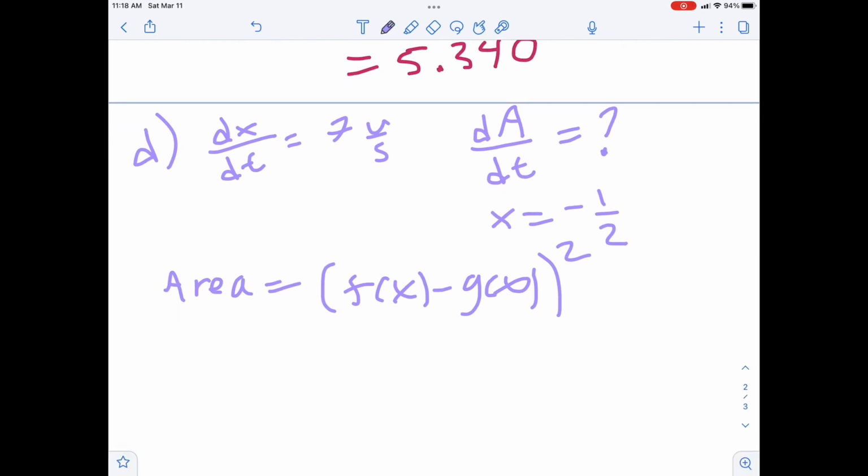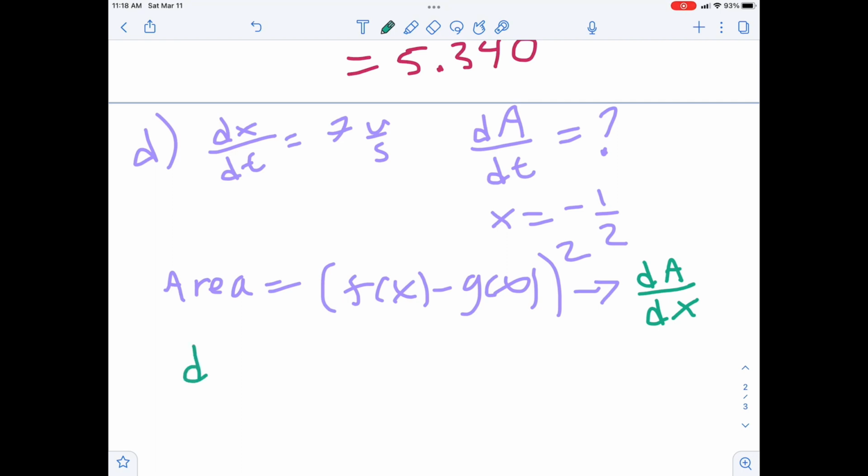But I want to solve for the change in area with respect to time. So I can say, if I took the derivative of my area, I would be getting our change in area with respect to x. But now I want to convert this to my change in area with respect to time.